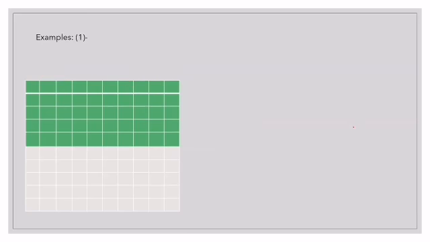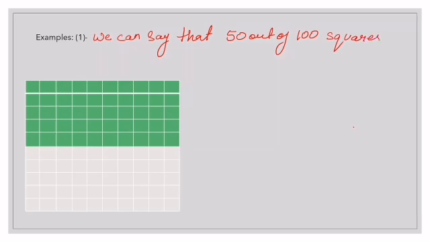So we can say that 50 out of 100 squares, or we can also say it like this: 50% of the squares are green colored.